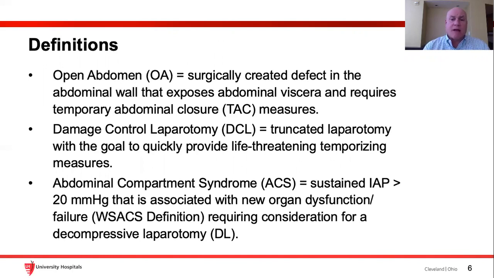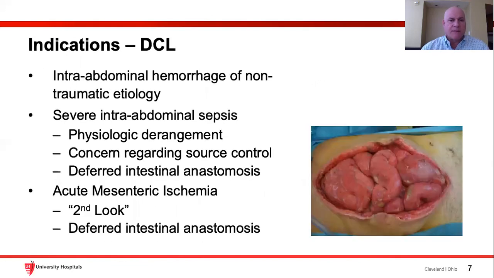Damage control laparotomy is a truncated laparotomy with the goal to quickly provide life-threatening temporizing measures. Abdominal compartment syndrome is a sustained intra-abdominal pressure of 20 millimeters of mercury that is associated with new organ dysfunction or failure, requiring consideration for a decompressive laparotomy.